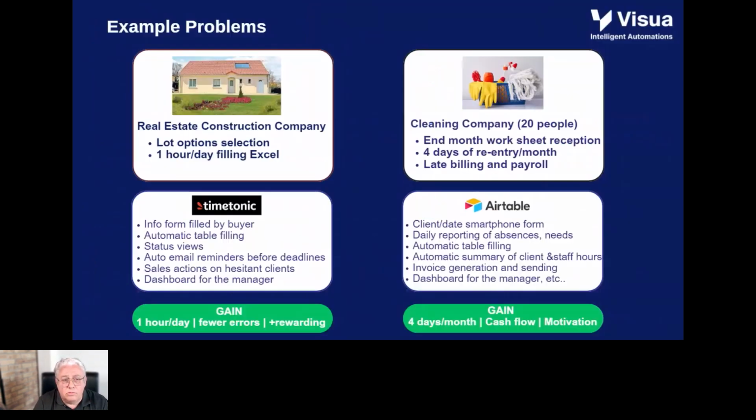Also, in different fields, I gave you 3 or 4 examples. A real estate company was losing 1 hour a day collecting information from the B2C customers to fill reports and track if they want to buy a real estate. To do this, the secretary was losing 1 hour a day.